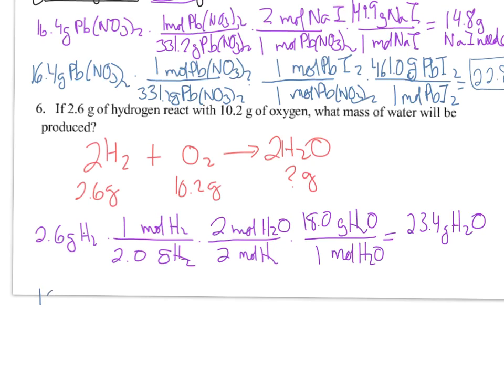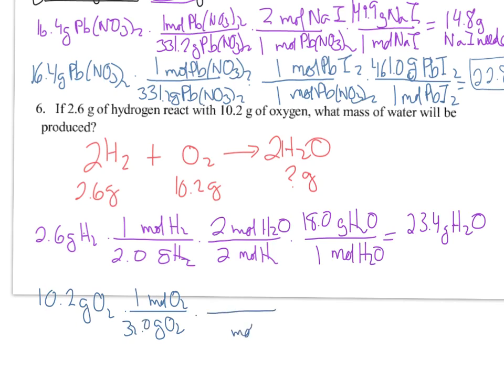Let's try the oxygen. So we're going to start now with the oxygen, 10.2 grams of O2. We're going to do the same thing, solve for H2O, and see which one gives us a lower number. So grams of O2 on the bottom, moles of O2 on top. 1 mole is 32.0 grams.